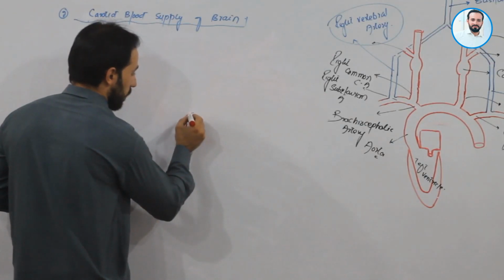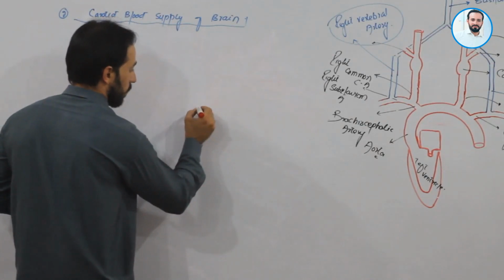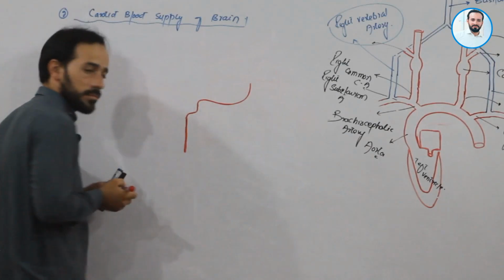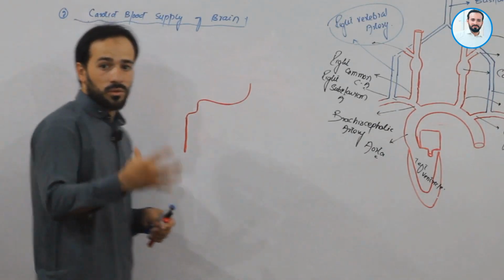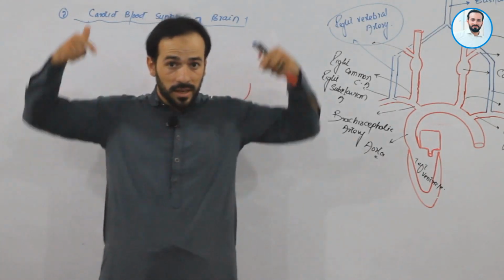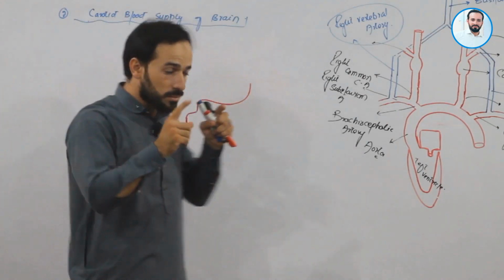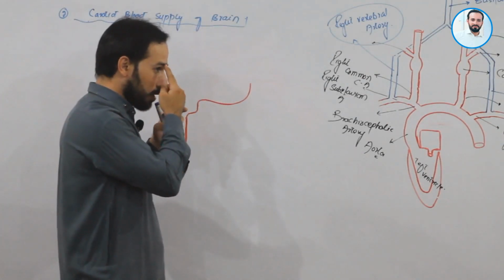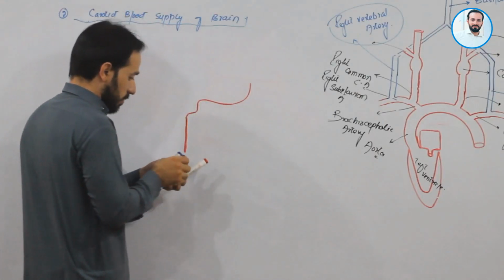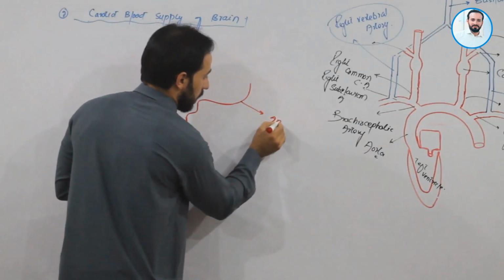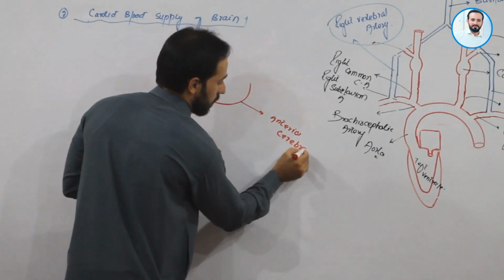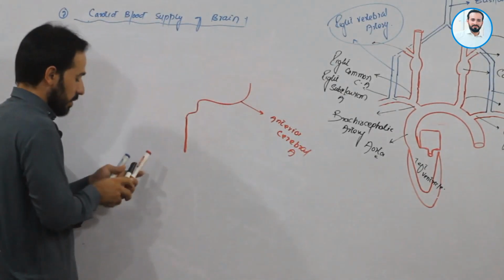As it moves up like this, and becomes like this. Clear? The previous diagram was from the anterior view. This artery in the previous diagram was on the lateral side, right? And in this diagram you are looking like this. So this artery is now the anterior artery, right? So this artery is called the anterior cerebral artery, right, friends?